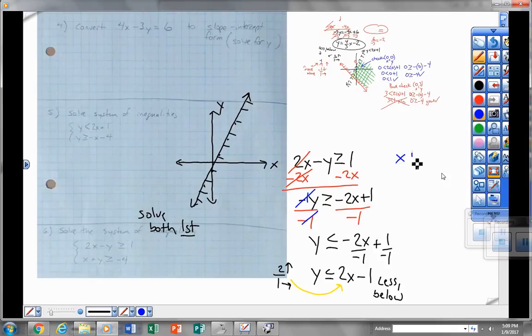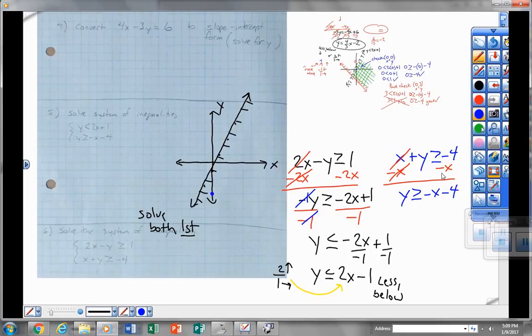Solving that next inequality in one step, I will solve that for y. So I'll just start by subtracting x on both sides. That gives me y greater than or equal to negative x minus 4. So for that problem, negative 4 will be my y-intercept.